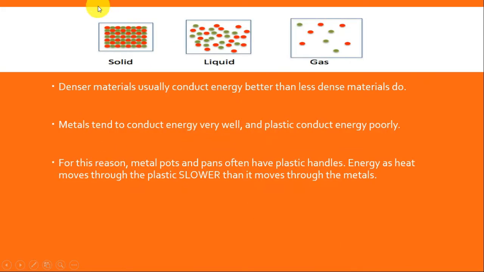Denser materials usually conduct energy better than less dense materials do. That's why solids, liquids, and gases don't conduct heat the same. Now we have just said that solids are the best, gases conduct energy the least. Why? Because the particles are far away from each other.